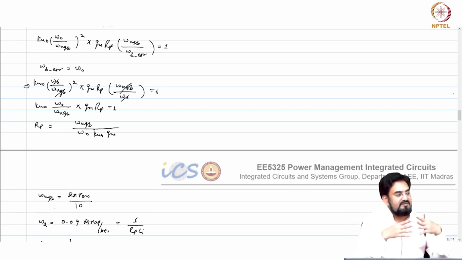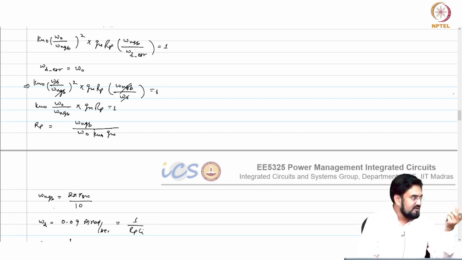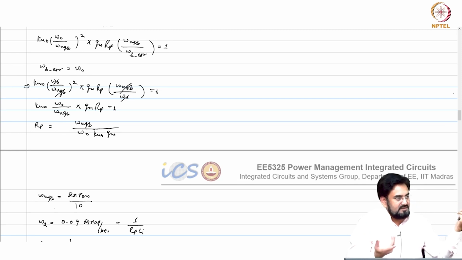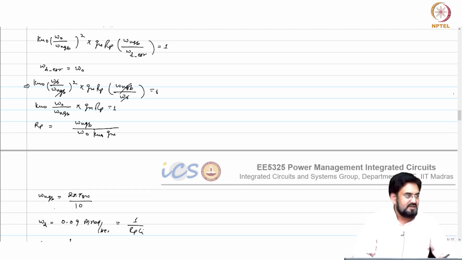And there is one more problem with that. Ideally I would like to keep this first zero also as close as possible to omega naught in order to reduce the value of C, and also I want my gain response to be looking like, what is the ideal gain response for your stable system? First order, if you have only an integrator, a first order system, and that is what you do actually.